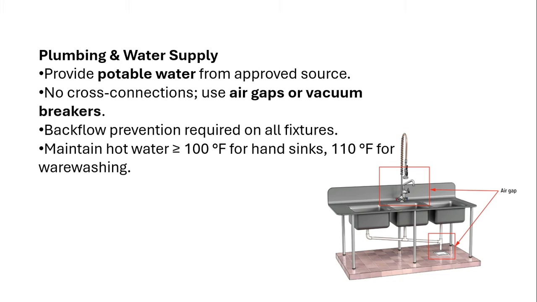This is the problem, though. Once I hook up that hose, that's what we call a cross connection. I'm connecting something which is not a potable water supply onto what is my potable water supply. When I turn off the tap, yes, the water stops flowing, but it is possible for some of that water to eke back into the water supply system.